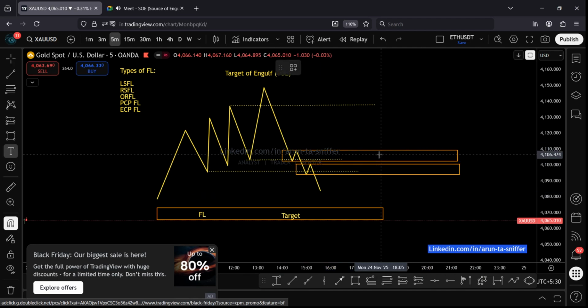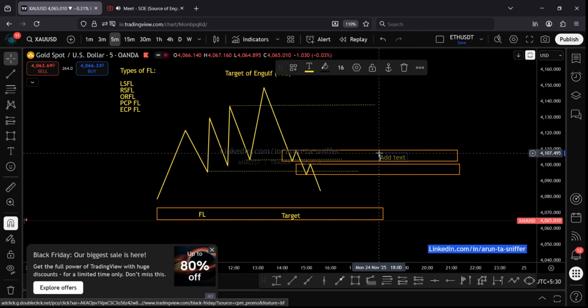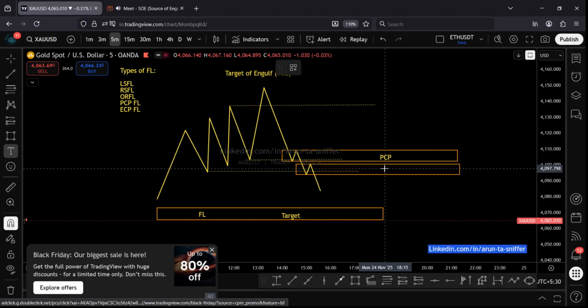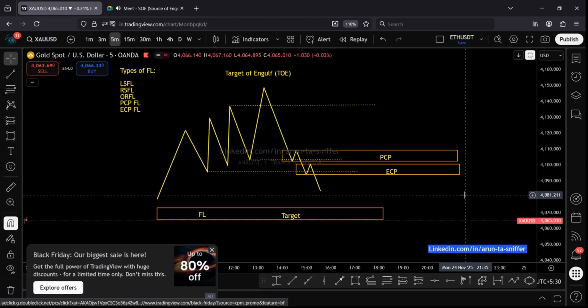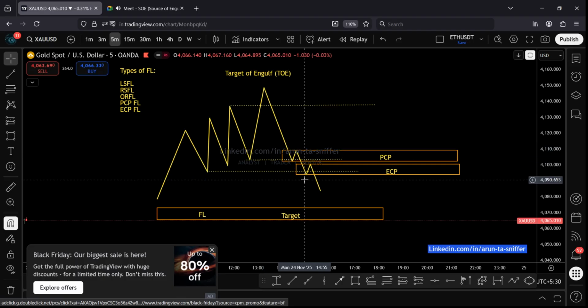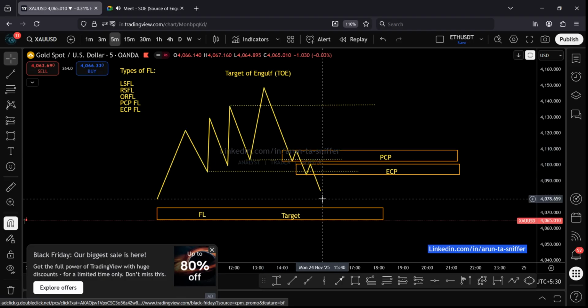This we call PCP, and decompression and end of compression. PCP, end of compression. So what happens? Price comes down, pulls back, then comes down again, pulls back, then comes down.